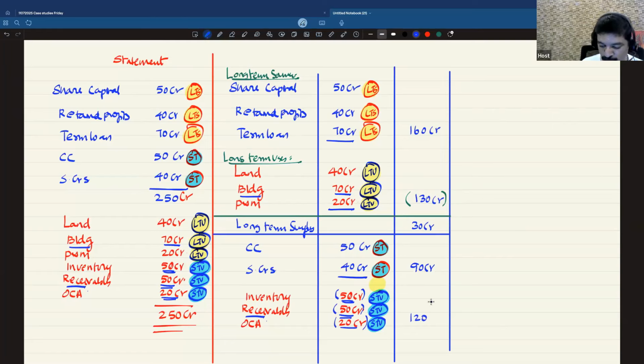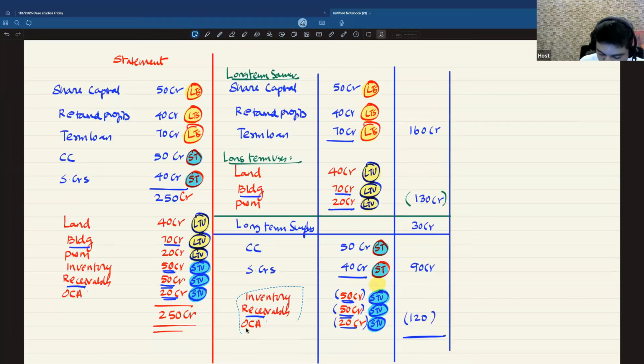So the source is 90 crore. The use is 120 crore. It means on the short-term front, they have a surplus or deficit? Please tell me.